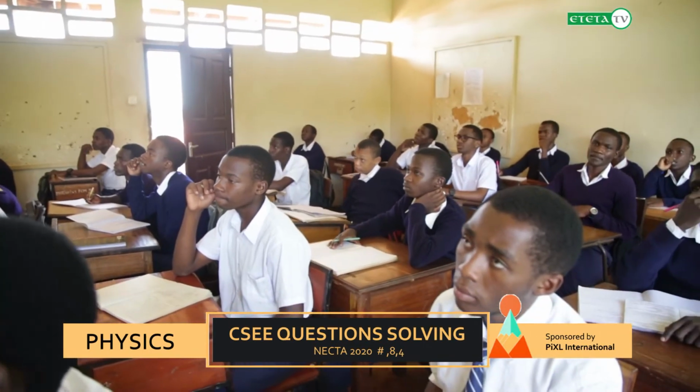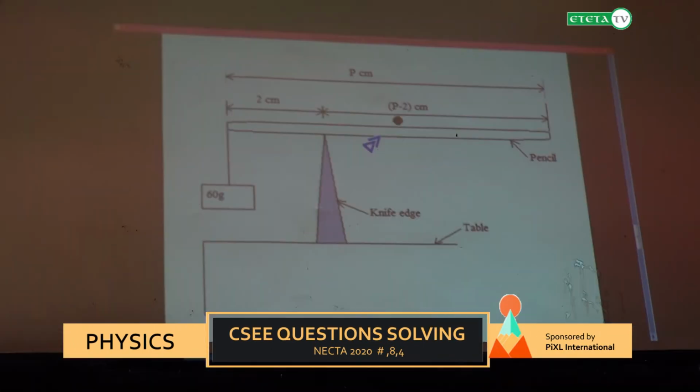Now from the diagram, let the length of the pencil be P centimeter. What will be the length starting from the pivot to end B?